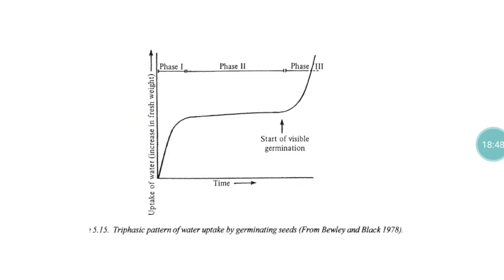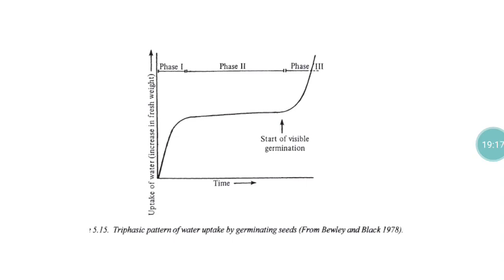Here in this diagram you can see the triphasic pattern of water entry into the seed system. Whatever we discussed under the title of imbibition is up to this stage. The seed attains its maximum and the turgor pressure is in action, so the seed reaches almost a plateau with reference to water intake. After some time there is again an increase in water uptake.